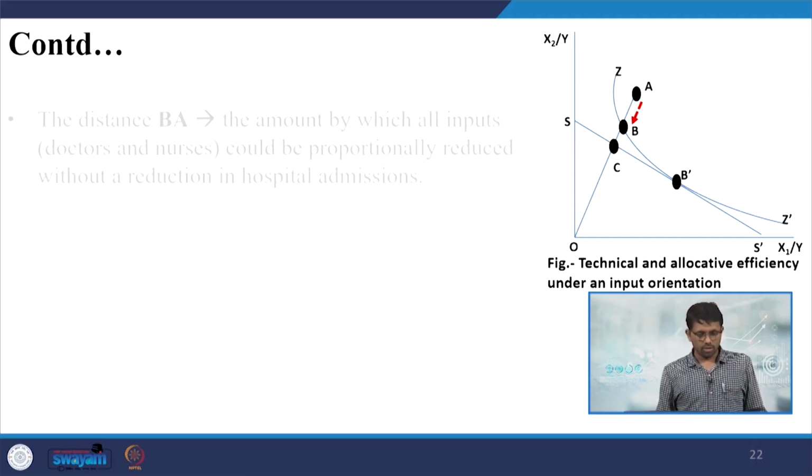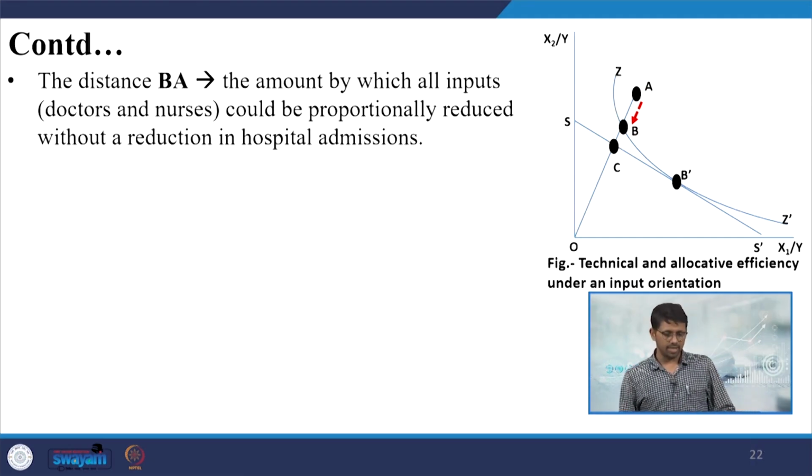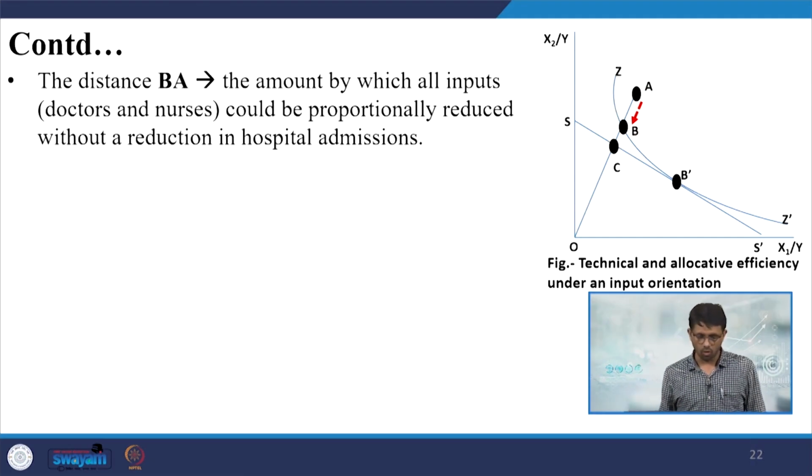Okay. So, the distance BA, that is the amount by which all inputs of doctors and nurses could be proportionally reduced without a reduction in hospital admission. So, this one could be proportionally reduced to this level, hence we can reach an optimal point.